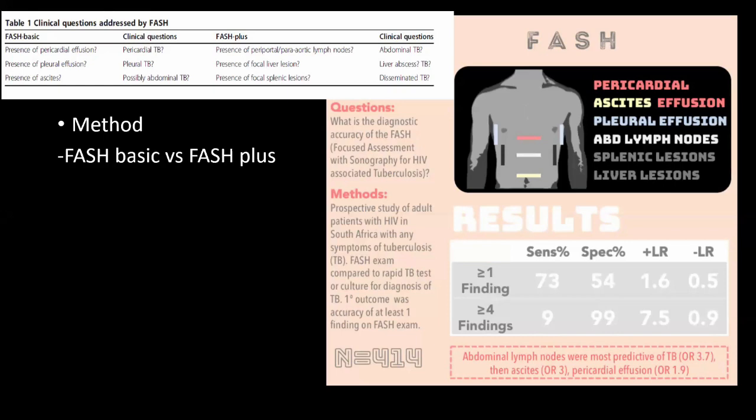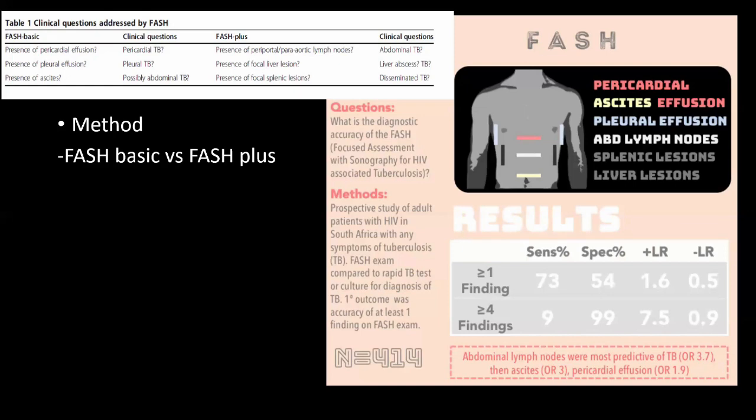And then this was correlated to those that were confirmed to have either a positive GeneXpert or TB culture. And then the selection criteria was based on the relative ease to recognize these findings, and the diagnostic and therapeutic decisions that these findings led to.